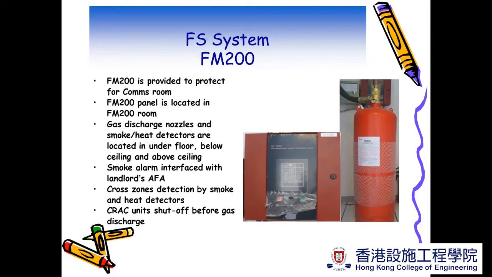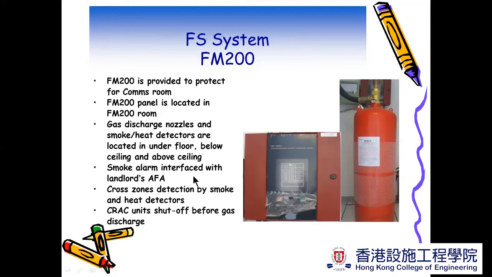So activated by the smoke detectors or heat detectors. And any smoke alarm interface with the automatic fire alarm panel. Right, and then any crawl zones detection by the smoke detector or heat detectors, it would activate FM 200.